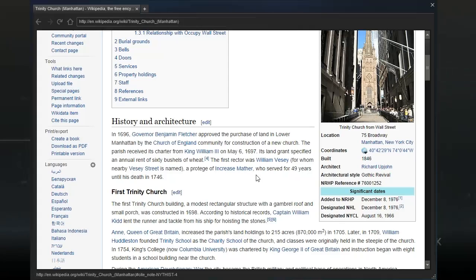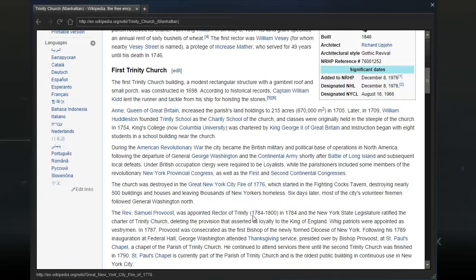The first rector was William Vesey, for whom nearby Vesey Street is named, a protege of Increase Mather, who served for 49 years until his death in 1746. The first Trinity Church building, a modest rectangular structure with a gambrel roof and small porch, was constructed in 1698. According to historical records, Captain William Kidd lent the runner and tackle from his ship for hoisting the stones.